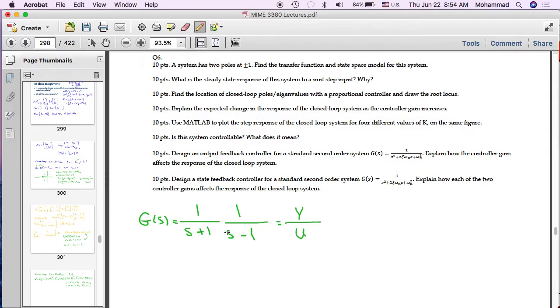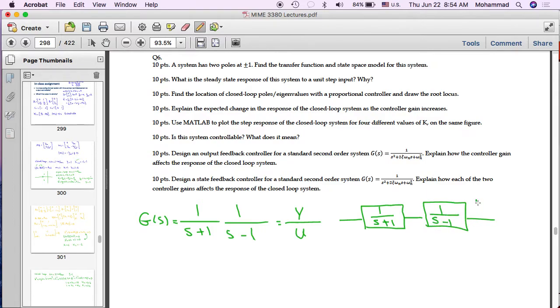Now this system definitely is a second order system, isn't it? The highest power of S is 2, which means we have two state variables. So if you look at the block diagram, what happens is you bring U in to your first portion of the dynamics. Let's say this is S plus 1. And out comes one variable, which then goes to the second portion of the dynamics.